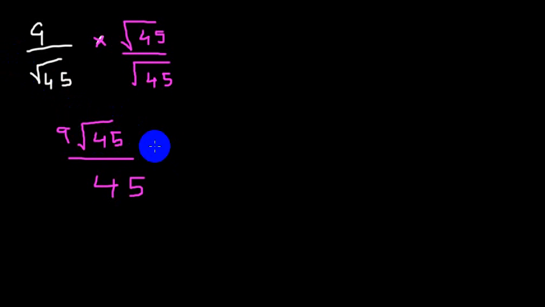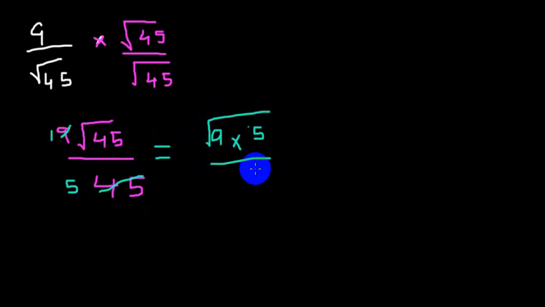So let's simplify it. First, I can cancel 9 in the numerator with the 45 in the denominator: 9 times 1 is 9, and 9 times 5 is 45. Instead of 45 inside the root I can write 9 times 5, and then over 5.